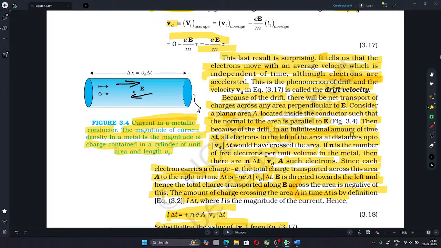Consider a planar area A located inside the conductor such that the normal to the area is parallel to E. Then, because of the drift in an infinitesimally small amount of time, delta t, all electrons to the left of the area up to a distance vd delta t would have crossed the area.